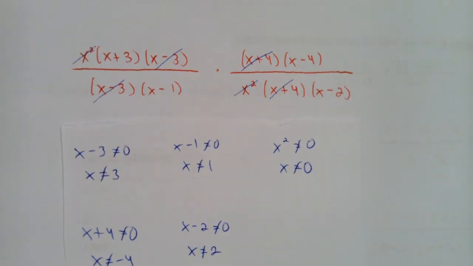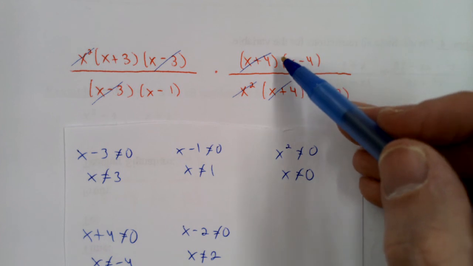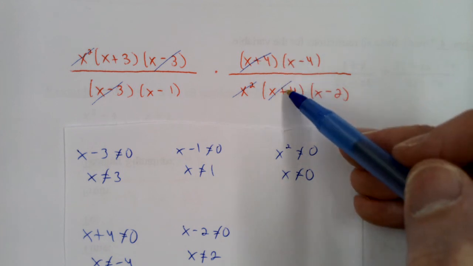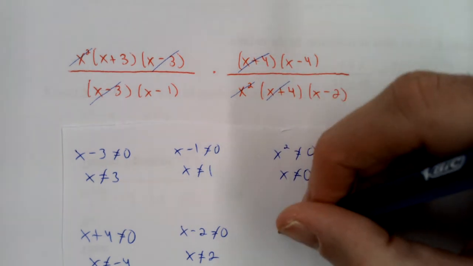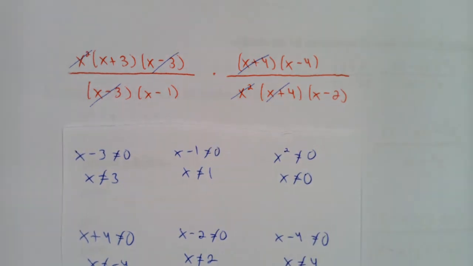And don't forget about the original denominator, which is right here. x plus 4 we already did down there, but x minus 4 also cannot be 0, so x cannot be 4. So we actually have all those restrictions.